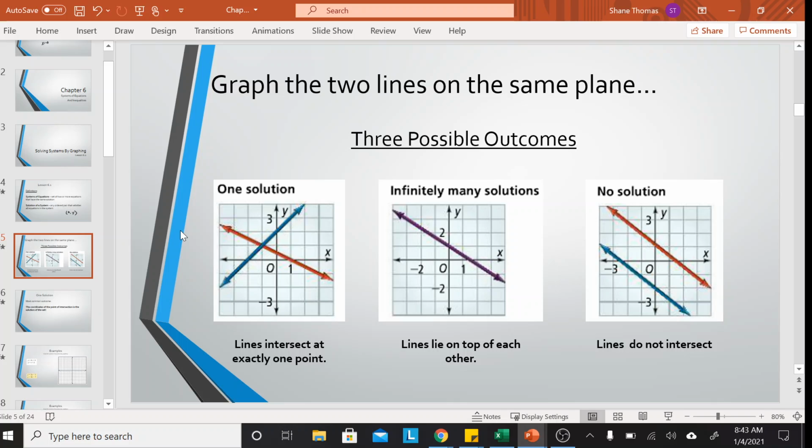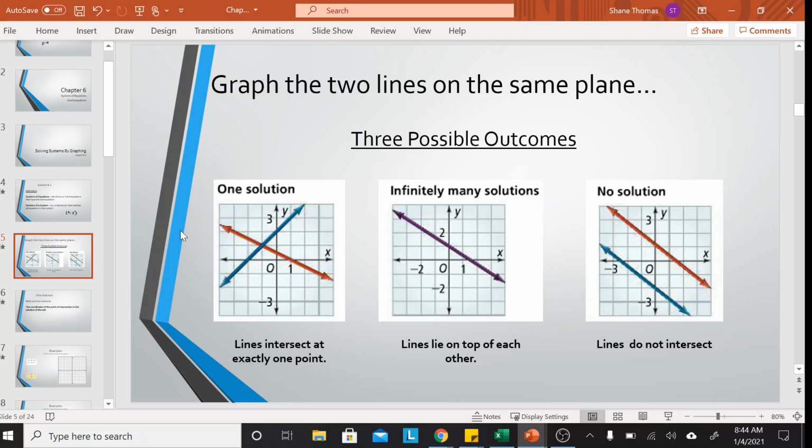Now, if the slopes aren't the same, they're not going to be parallel, so you should know right off the bat whether they're going to touch or not. All right? And keep in mind, graphs go on forever. So just because they don't cross below 5 or something like that, you got to keep going. All right?